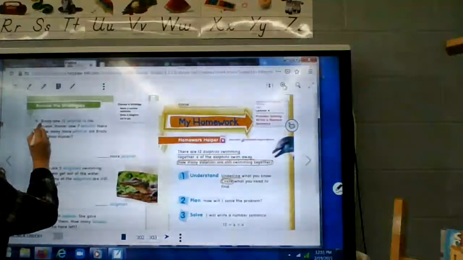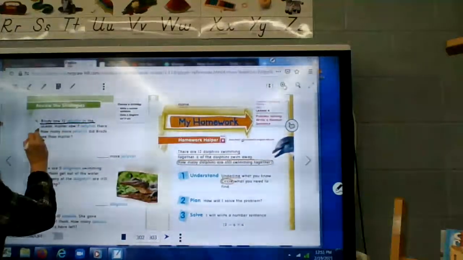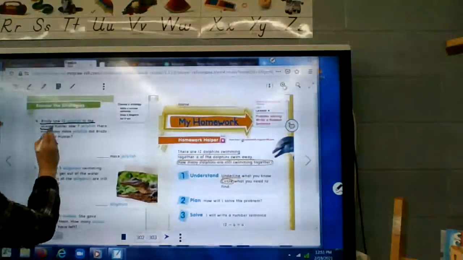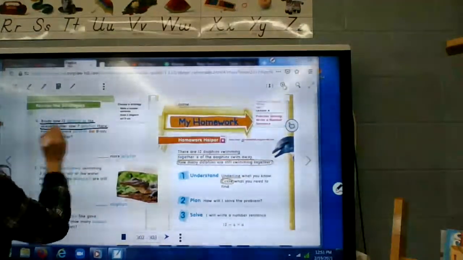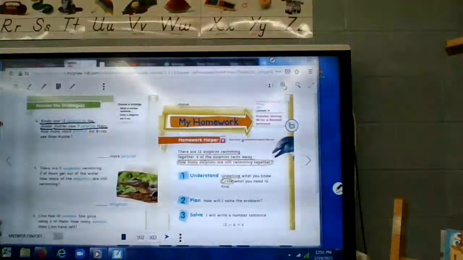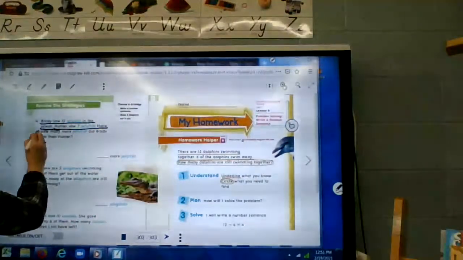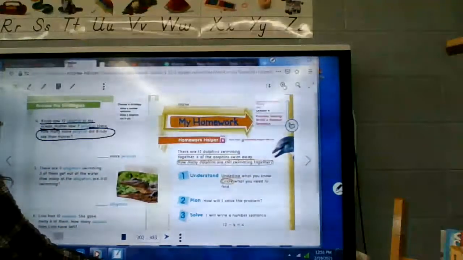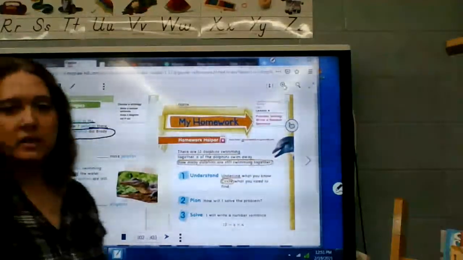We know Brody saw 12 jellyfish in the ocean. What else do we know? We know Hunter saw 7 jellyfish there. And they're asking, how many more jellyfish did Brody see than Hunter? So we're not trying to figure out how many altogether.